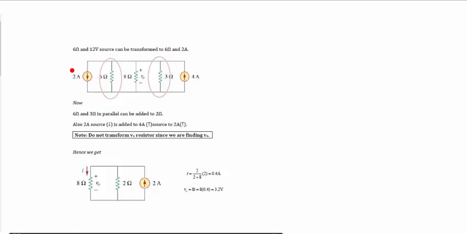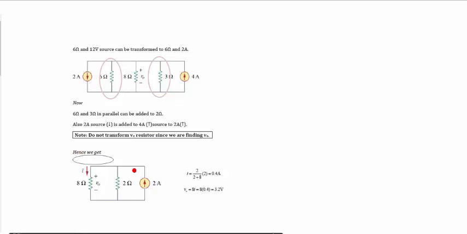Once you add those two, you get 2 ohms. The current going downwards is 2 and going upwards is 4, so you add them and get 2 amps going upwards.